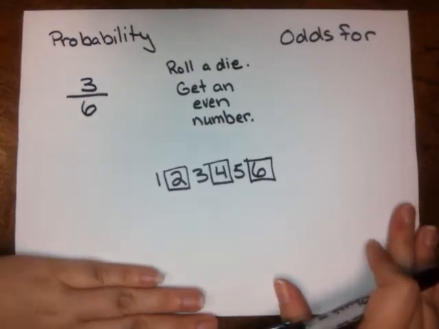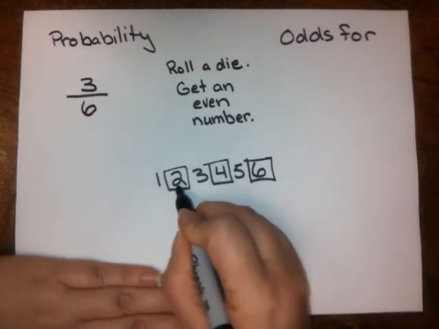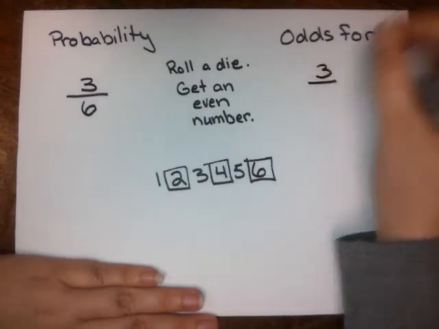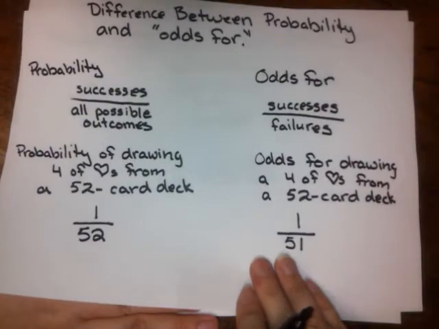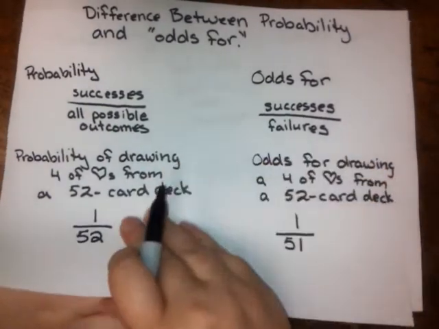Now, what are the odds for rolling an even number? Well, we still have 3 successes, right? You could roll a 2, you could roll a 4, you could roll a 6. 3 successes, but on the bottom, the odds for has failures.